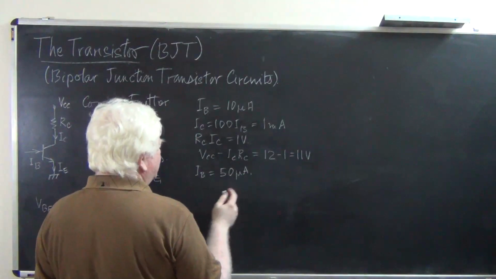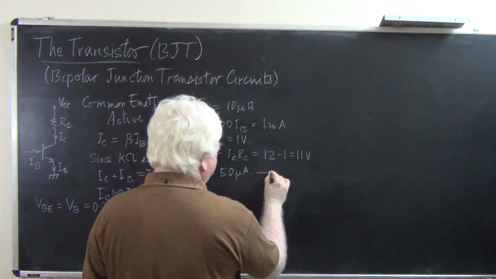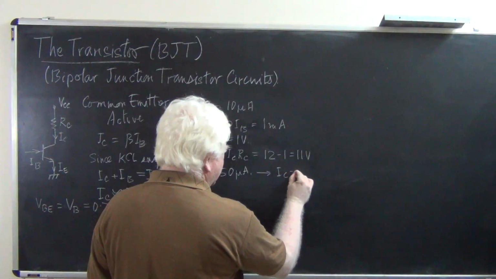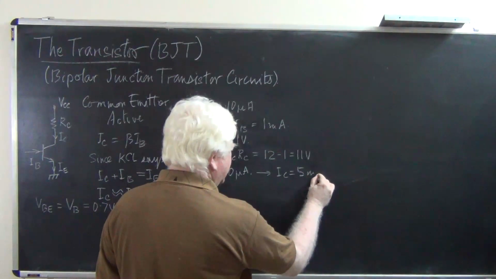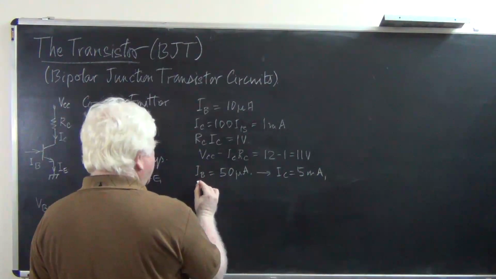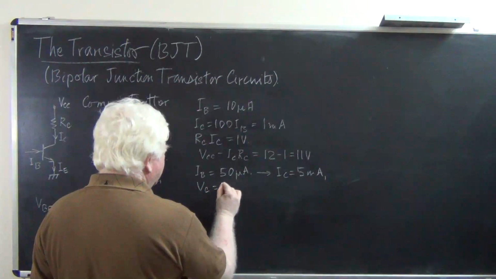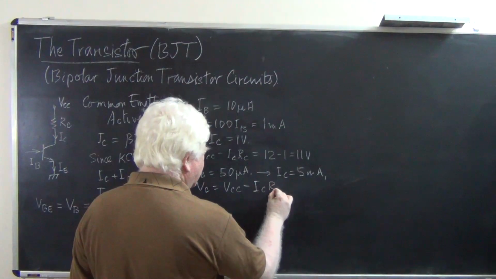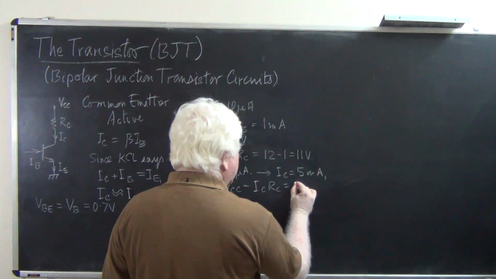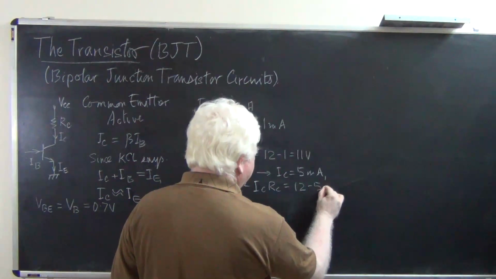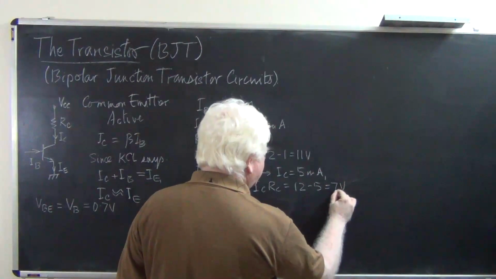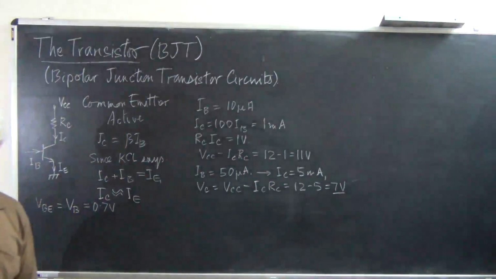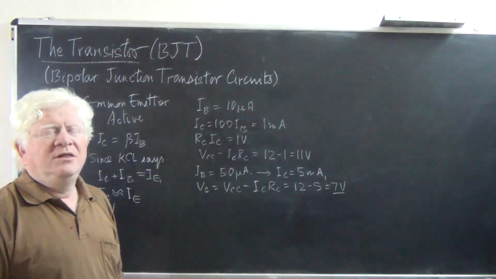This would give us IC equal to 5 milliamps and VC equals VCC minus ICRC, equal to 12 minus 5 equals 7 volts. So this is how the different quantities affect each other.